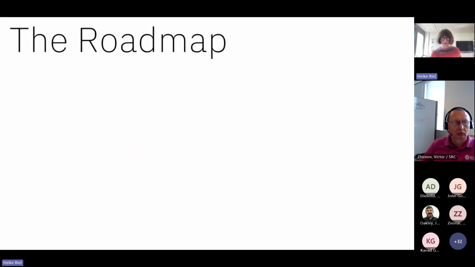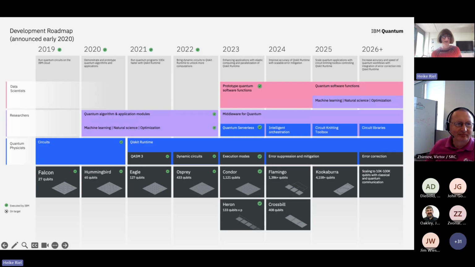I would like to show you now a summary of the roadmap. I show our roadmap because it's the most detailed roadmap you can find. In 2020, we were brave enough to publish a roadmap, which is shown here, where you see at the bottom the hardware which is developed, and on the top the different software layers, which contain the different abstractions of software.